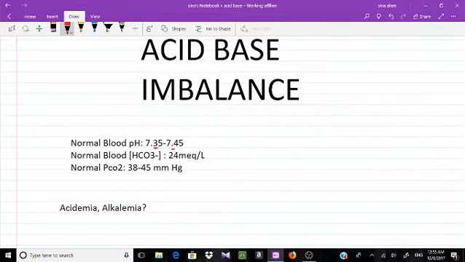The more hydrogen ion in our body, the lower the pH, and the more acidic our blood, the lower the pH. So 7.35 up to 7.45 is the normal range of pH.